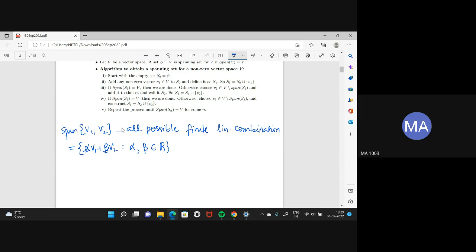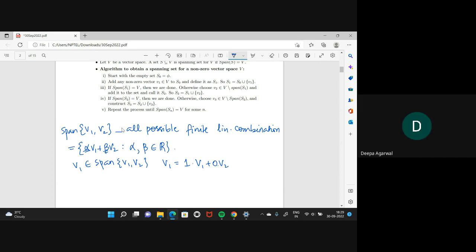So the first question is, does V1 belong to the span of V1, V2? How can you write V1 as a linear combination? 1 into V1 plus 0 into V2. Perfect. So we can write V1 as a linear combination of V1 and V2, so definitely V1 belongs to the span. Like that, V2 also belongs to the span, right?